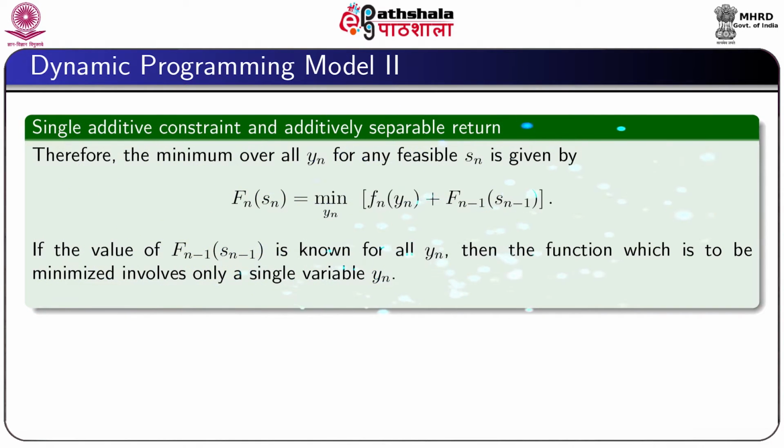Therefore, the minimum over all yn for any possible Sn would now become Fn(Sn) equal to minimum of fn(yn) plus Fn minus 1(Sn minus 1), where the minimum is taken over yn. If the value of Fn minus 1(Sn minus 1) is known for all yn, then the function to be minimized would involve only a single variable yn, and this minimization can be done using any simple method.